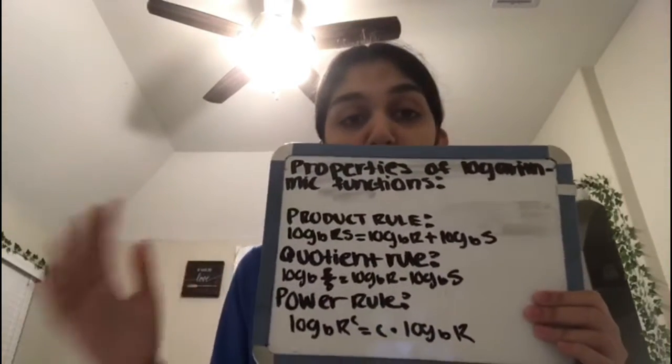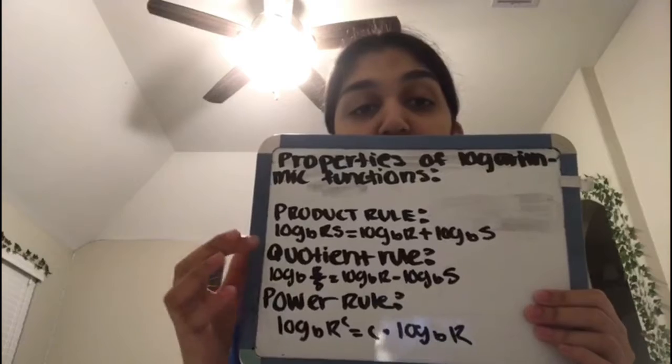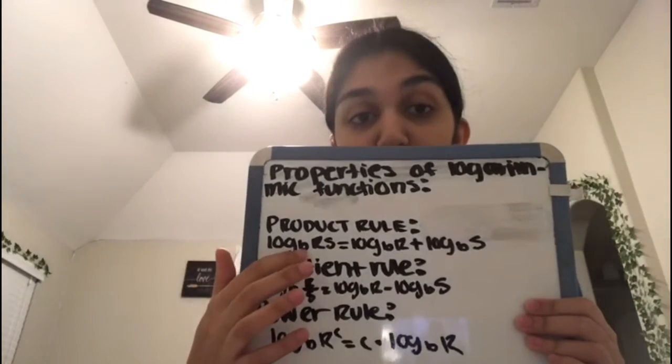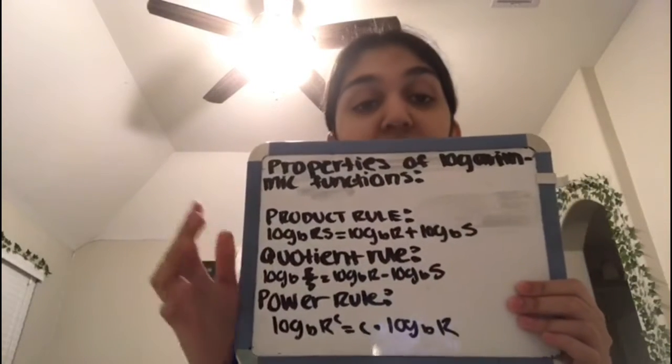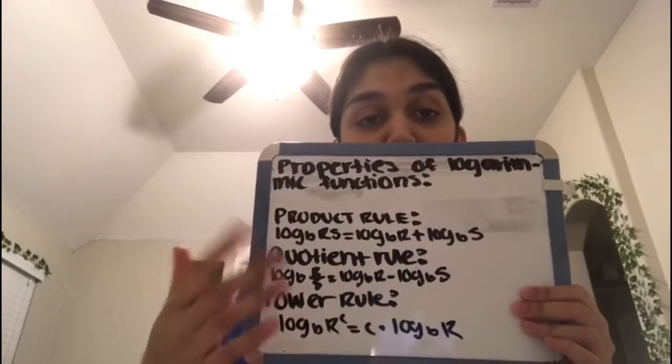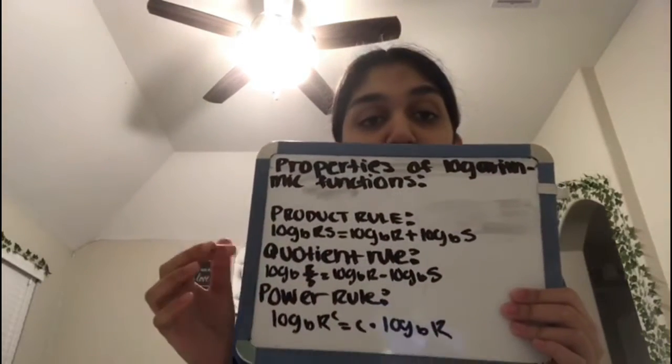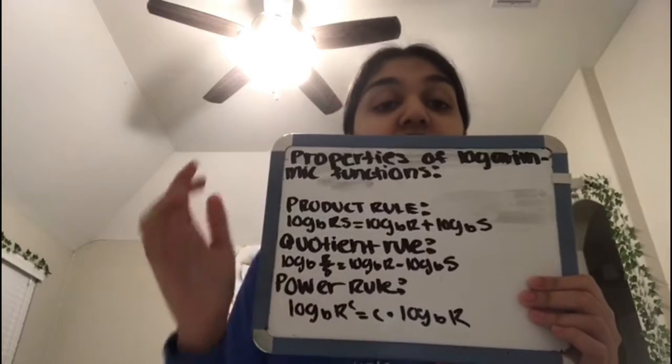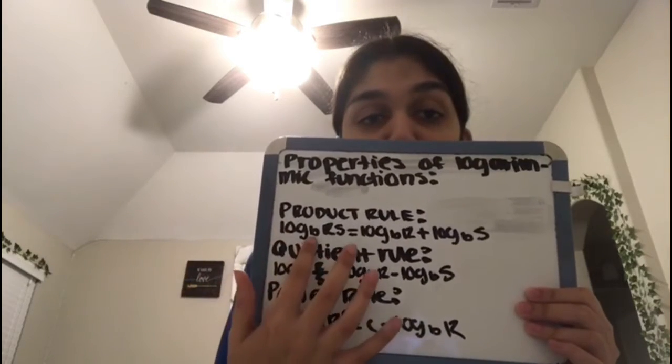But in most equations they mostly have log base 10, like the b would be substituted with 10. But in this example, it will just show as b for now.